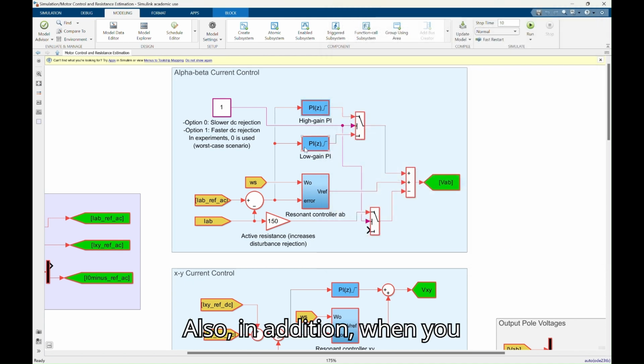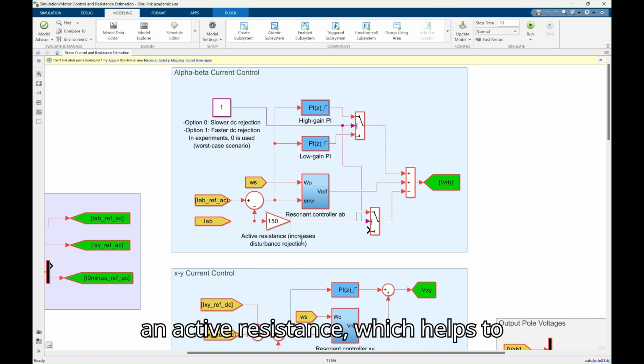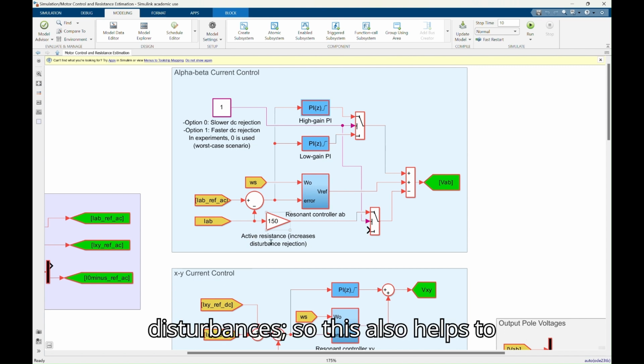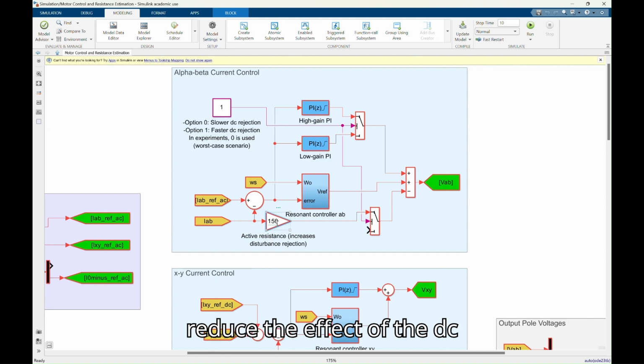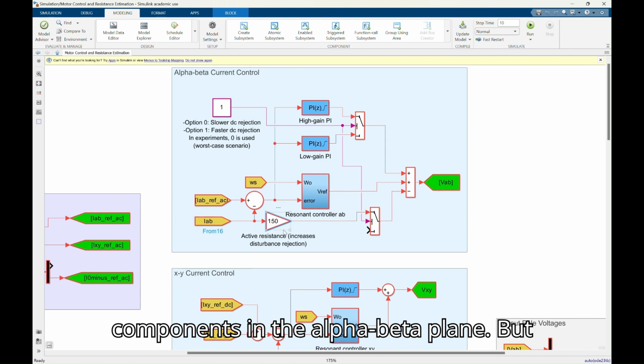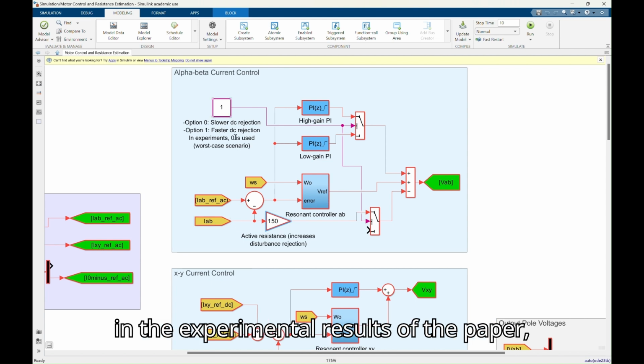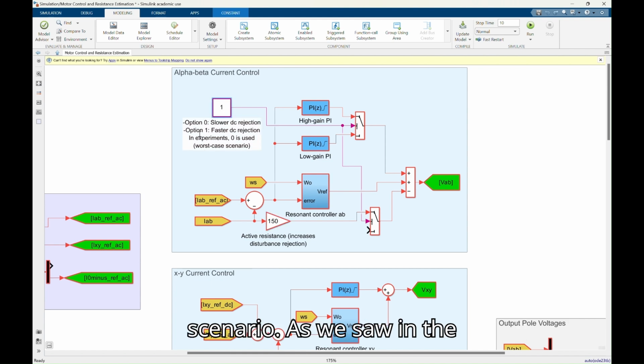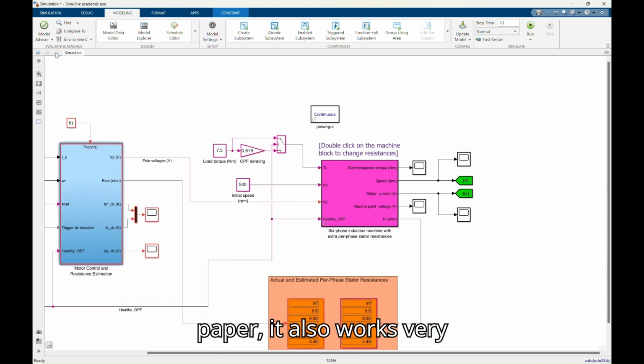And also in addition, when you set it to 1, you are including an active resistance, which helps to improve the rejection of disturbances. So this also helps to reduce the effect of the DC components on the alpha beta plane. Okay. But in the experimental results of the paper, actually we used 0 here, a worst case scenario. And as we saw in the paper, it also works very well with torque in that case.